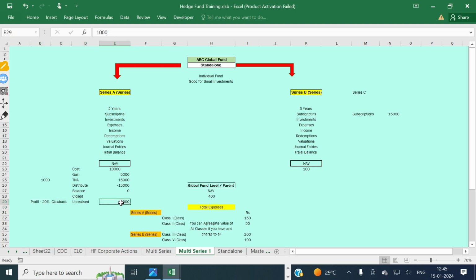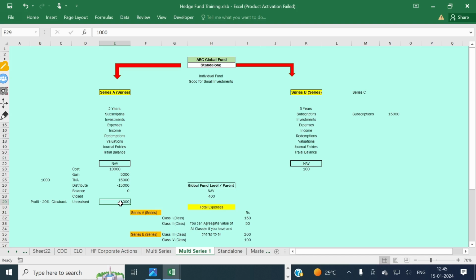And that's why they quickly try to redeem that particular series. Once they announce redemption, by default, they'll receive their percentage. Let's say you're a fund manager and I'm an investor. The total profit is not the fund manager's concern; a fund manager only looks at his own profit. Let's say you have a profit of 20%, which is 1,000, in this particular series A. But you have not received that profit.